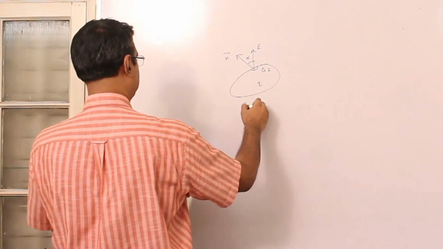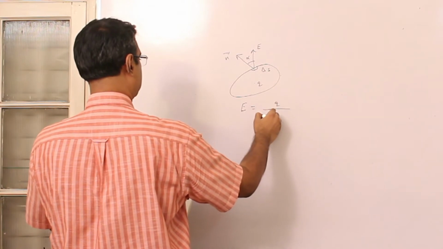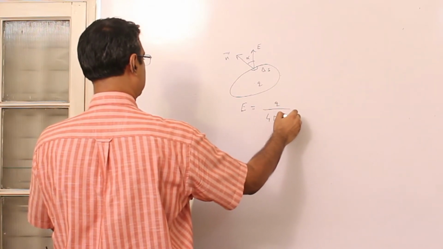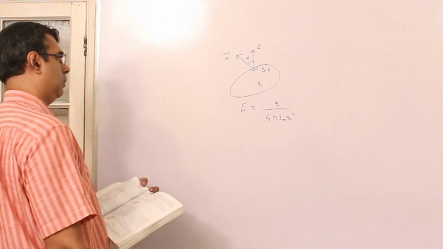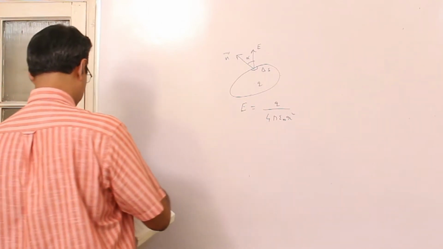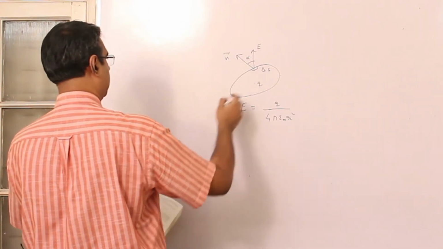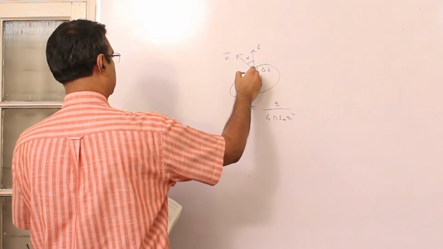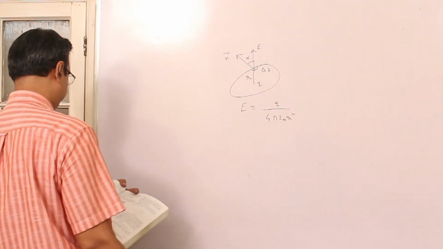So as you can see, the field due to the charge q will be q by 4 pi epsilon naught r square, and in this diagram we can take this distance as r.